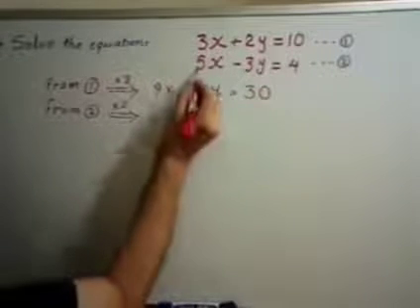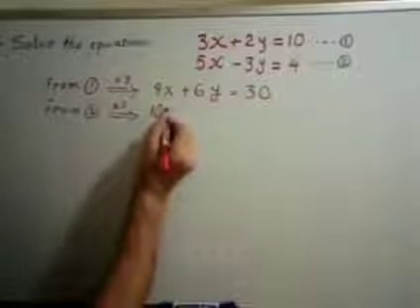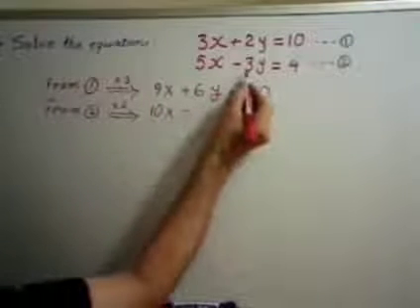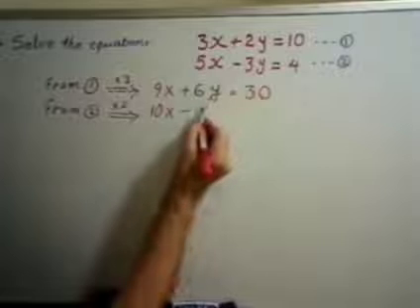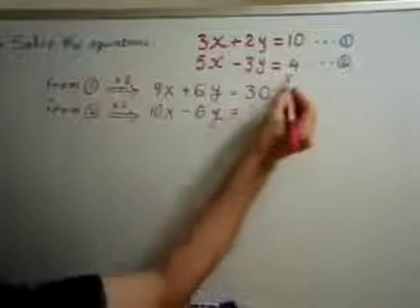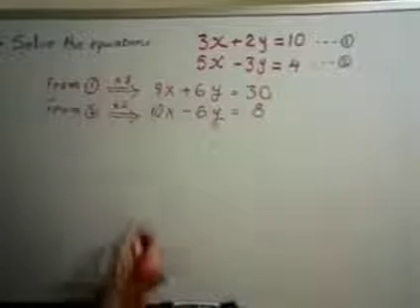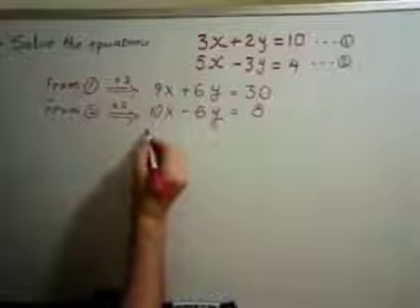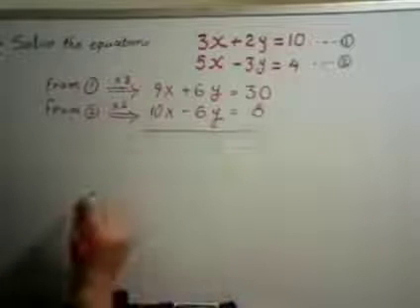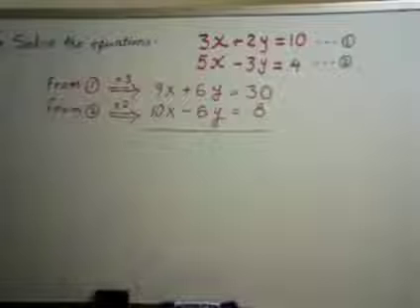So this by 2 will be 10x, and this multiplied by 2 will be 6y, and this multiplied by 2 will be 8. Then we can just add the two equations together, and by this way we got a new equation without y's.